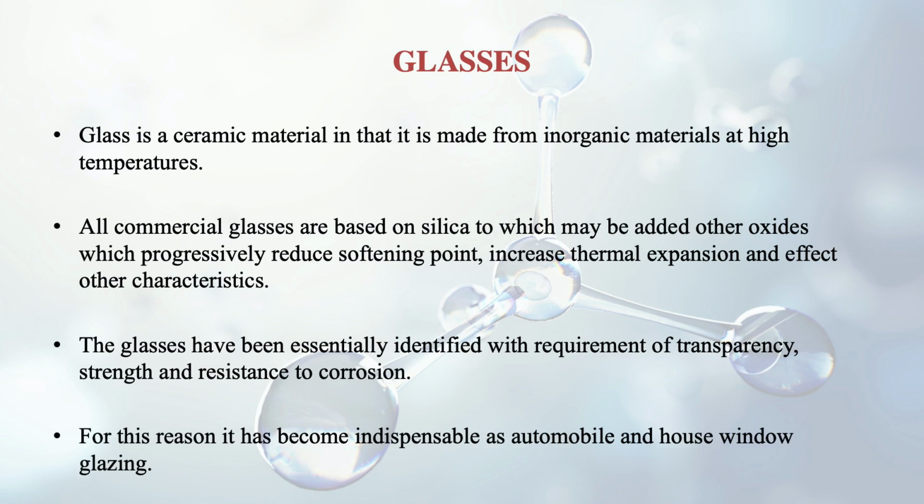Glasses have essentially been identified with the requirement of transparency, strength and resistance to corrosion. We have seen these things in our automobiles and cars. We need glasses, and only then can we see in front and drive, because they are transparent, so we are able to see. So this is a very important property.